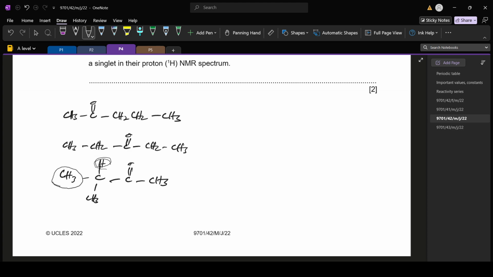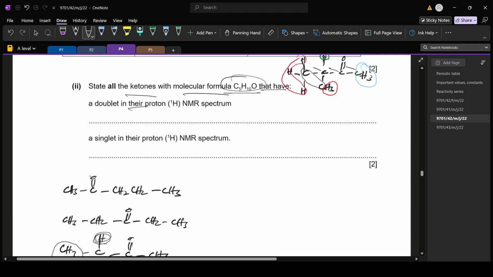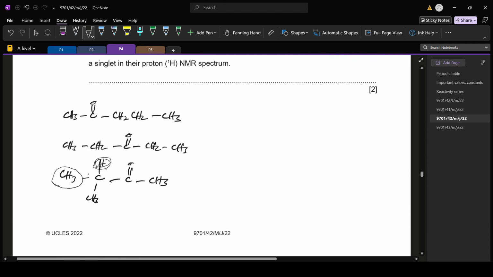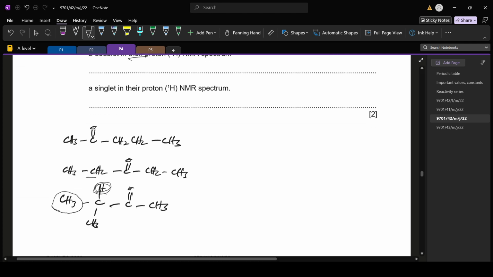So there will be a doublet in this 3-methylbutan-2-one, and you have to check the others as well. There is no doublet in pentan-2-one or in pentan-3-one. There are two hydrogens on the adjacent carbon, so there will be a triplet, and on this there will be a quartet.